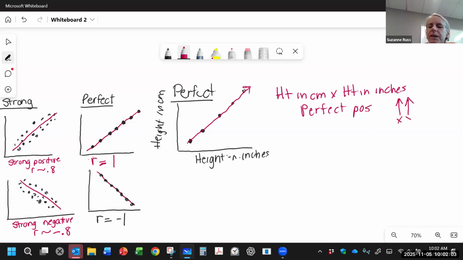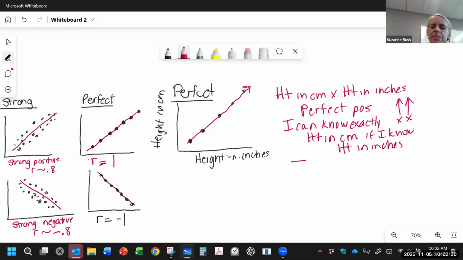I'll put X and Y here. And I can perfectly know exactly height in centimeters if I know height in inches.